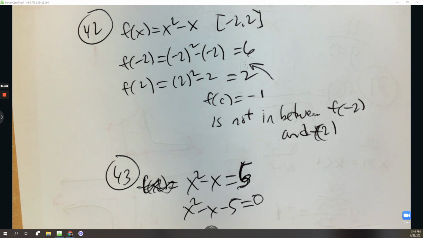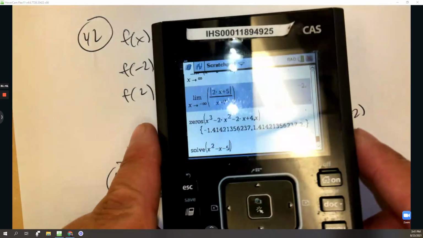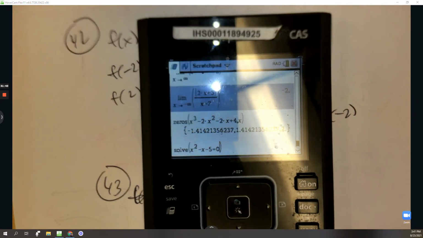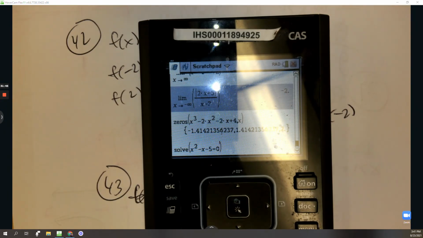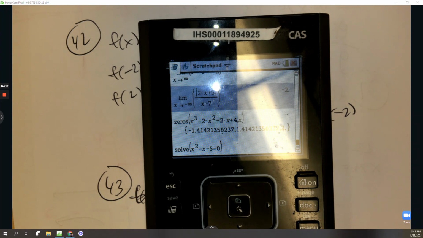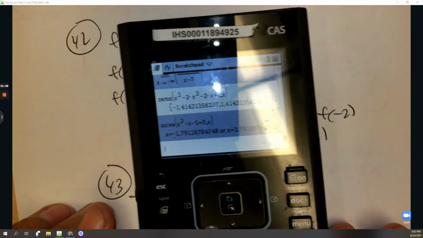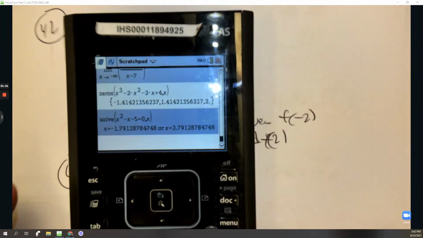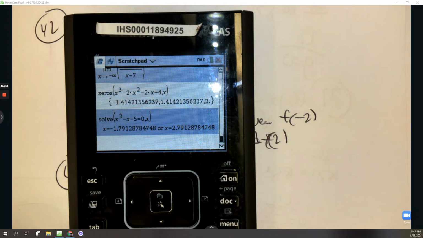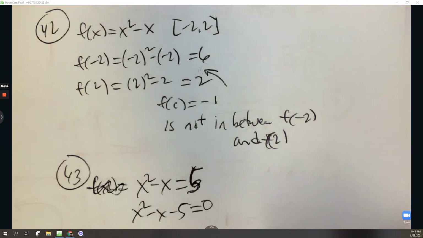So I'm going to go menu, then algebra, then solve. Equals 0. Just make sure that you pick the answer that's in the interval. So the positive answer, 2.791, is the only correct answer.